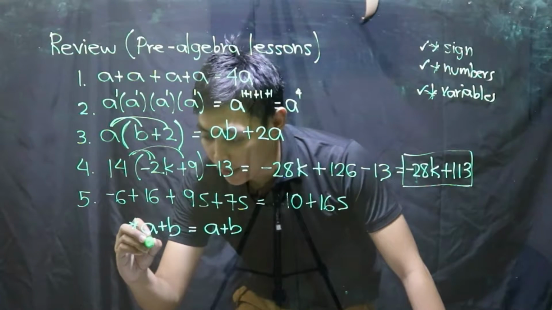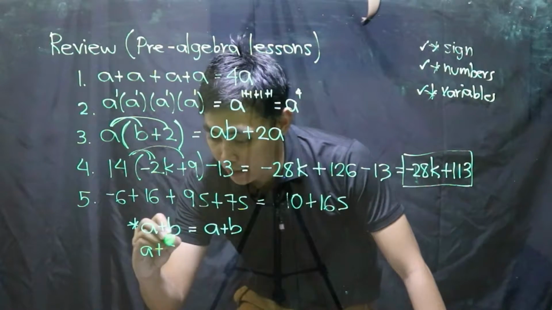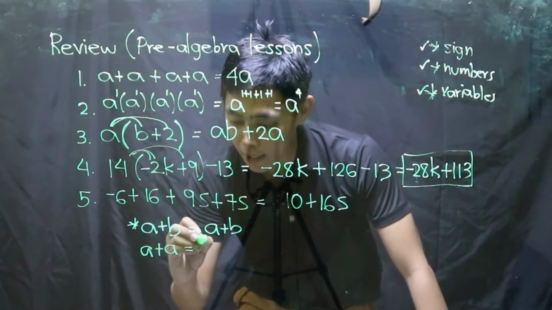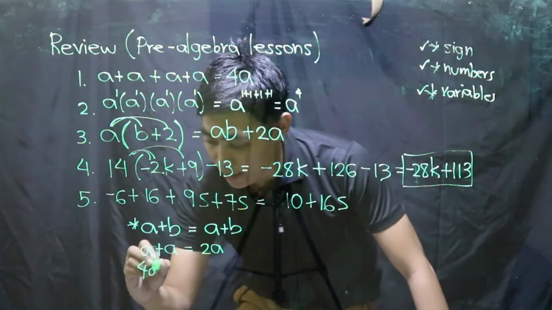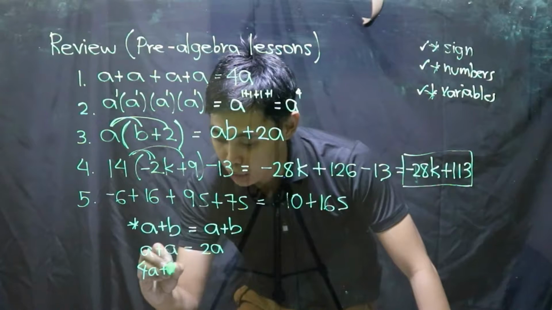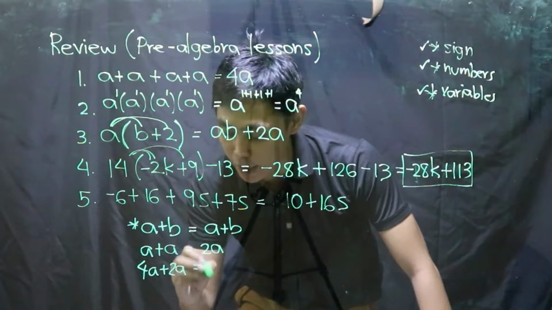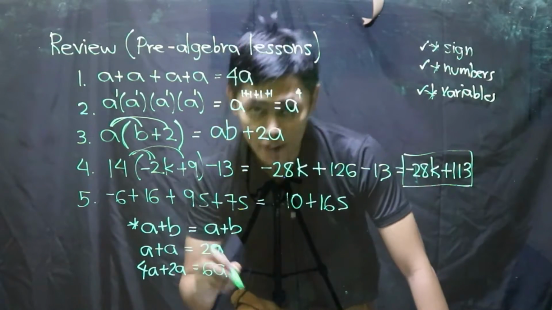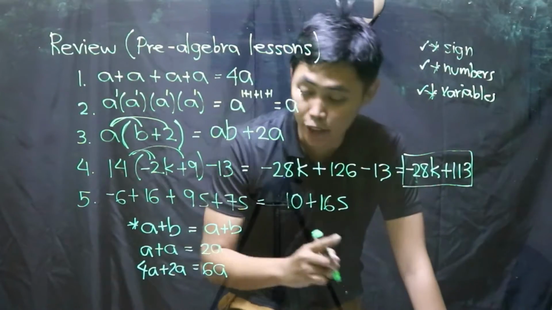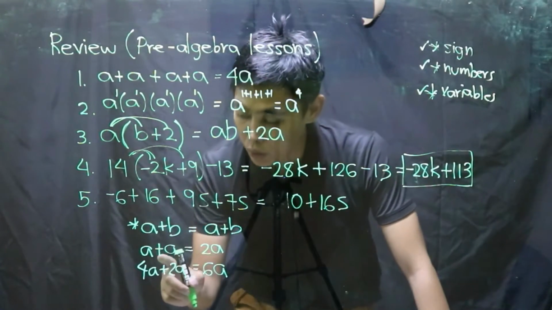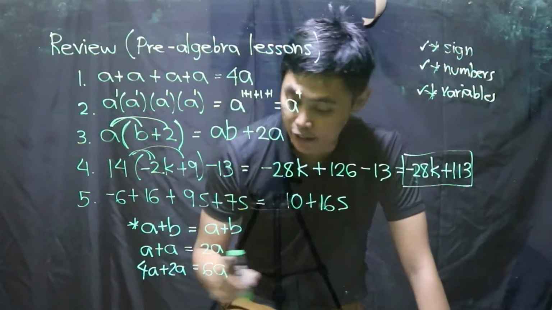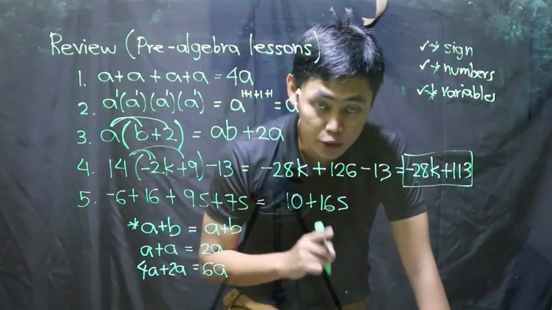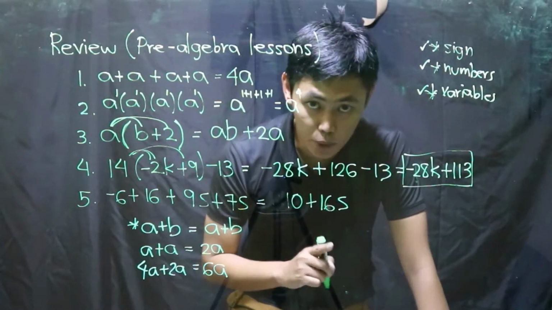But if you will say a plus a, this will become 2a. If you will say 4a plus 2a, this will become 6a, not 6a squared. Why? Because you are not multiplying. You are just adding. So when you add, you do not change the exponent.